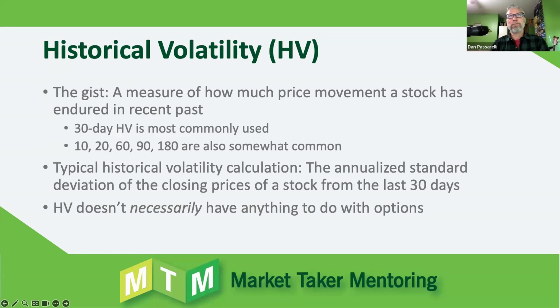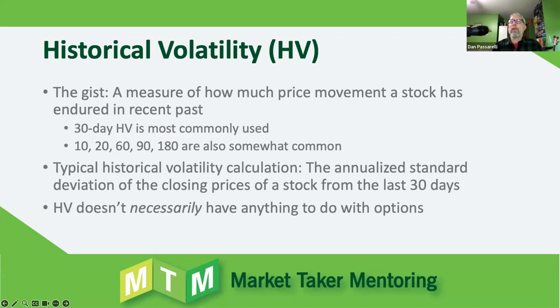Historical volatility is a measure of how much price movement a stock has endured in the recent past. And typically we look over the last 30 days. Some applications allow you to change that to 10, 20, 60, 90 days, whatever, but that's really not that common and really not that necessary, if you ask me.